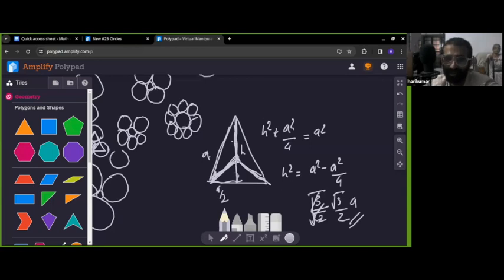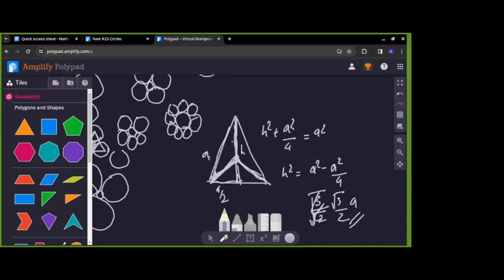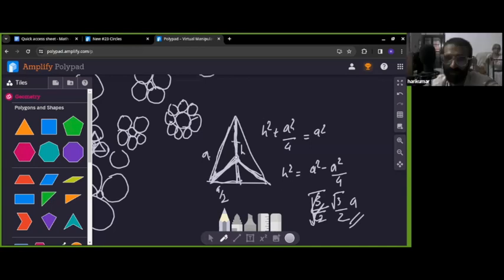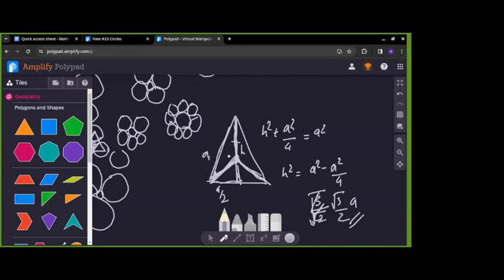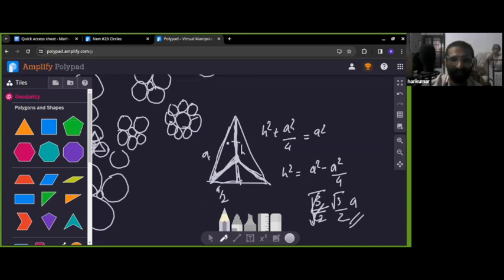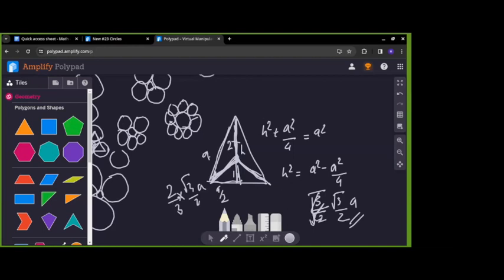It feels like 1/3. The centroid divides the median in the ratio 2:1. So out of 3 parts, it is 2 parts: 2 by 3 times root 3 by 2 a. Correct. So it's a by root 3.